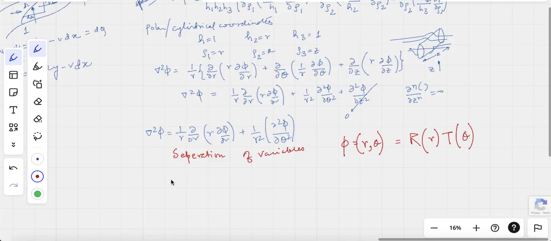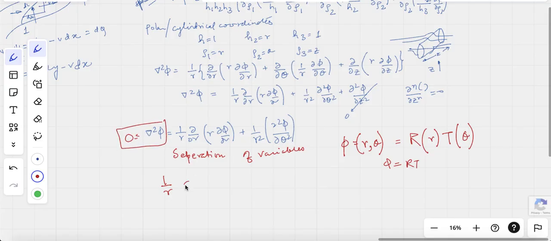So we replace phi is equal to RT over here, and this is equal to 0, right, from the Laplace equation.